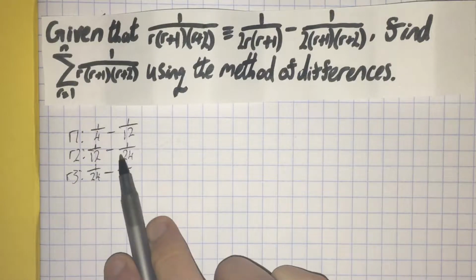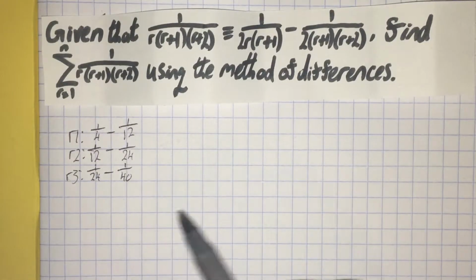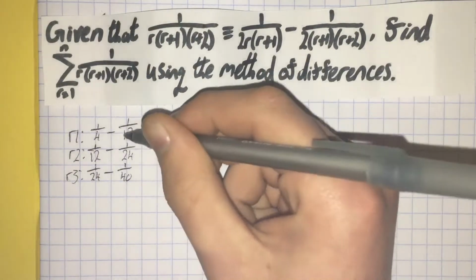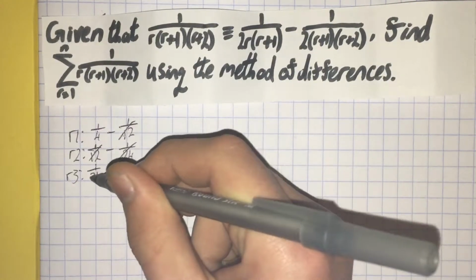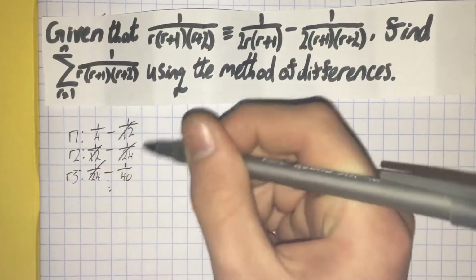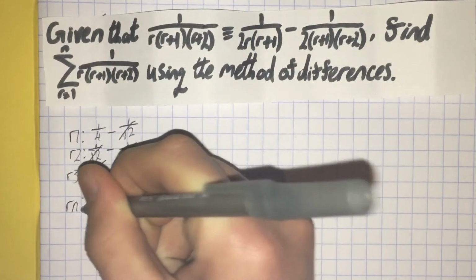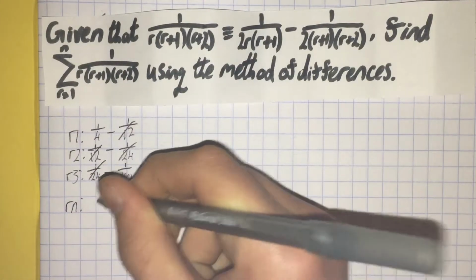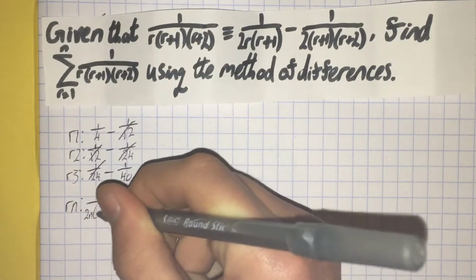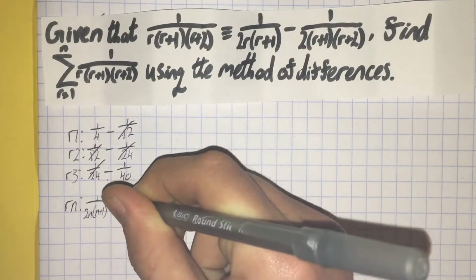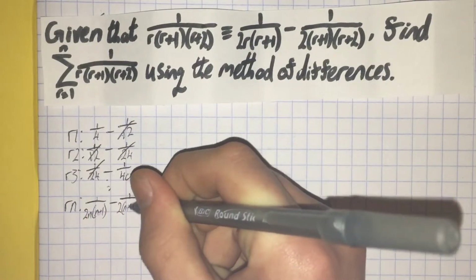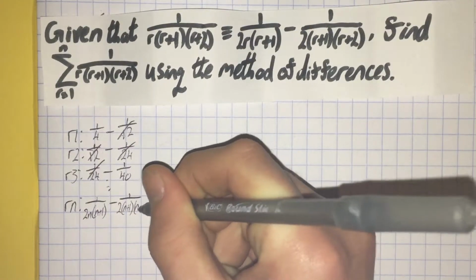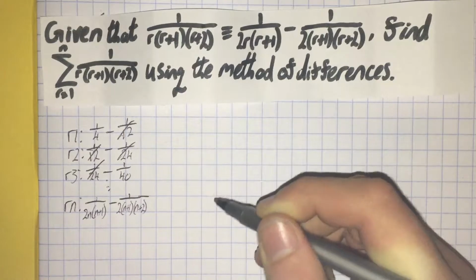And once again, we have terms that cancel off just the same as the previous examples. So a 12th there cancels off with a 12th there, 24th there cancels off with 24th there, and we'll get down to our r equals n, which will leave us with 1 over 2n times n plus 1 minus 1 over 2 times n plus 1 times n plus 2.